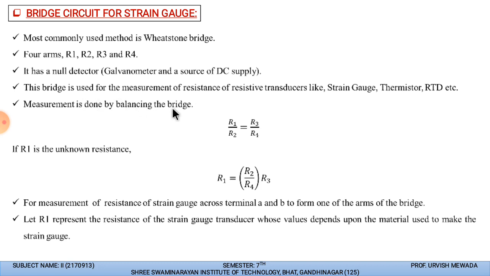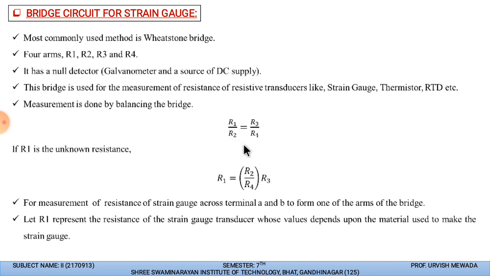This bridge is used for the measurement of resistance of resistive transducers like strain gauge, thermistor, RTD, etc. The application of the Wheatstone bridge with thermistor and RTD we will see in the subsequent chapters. Measurement is done by balancing the bridge.